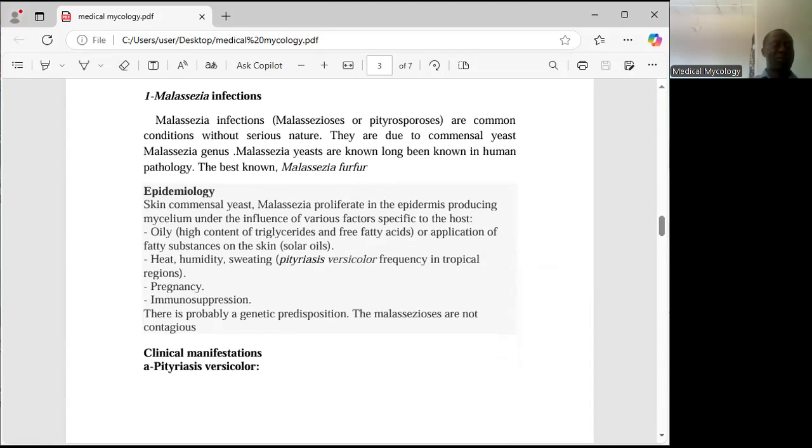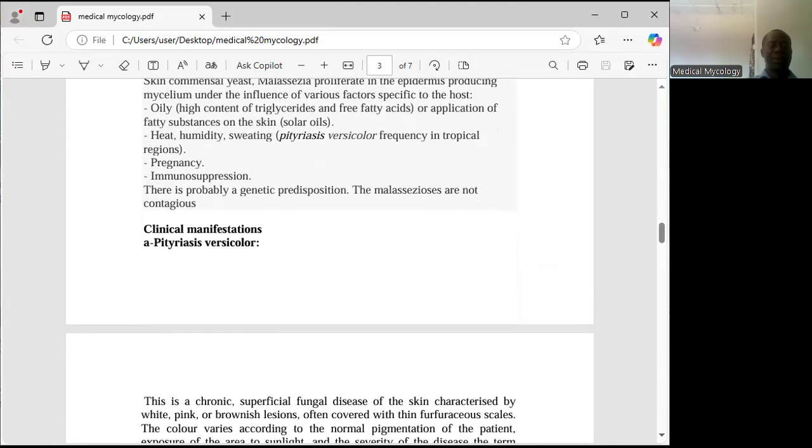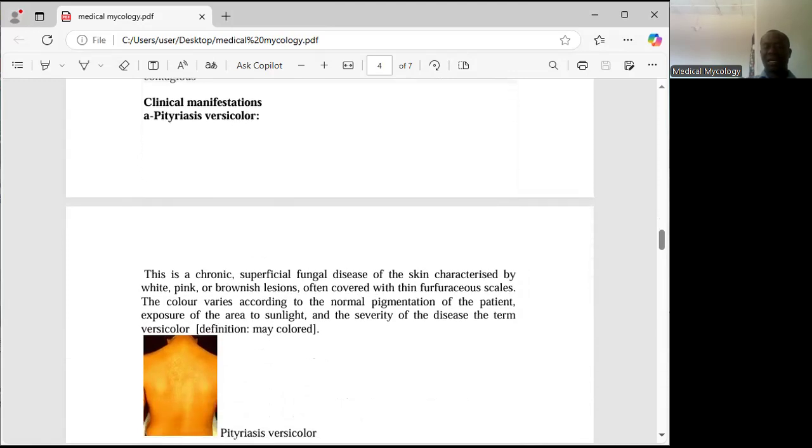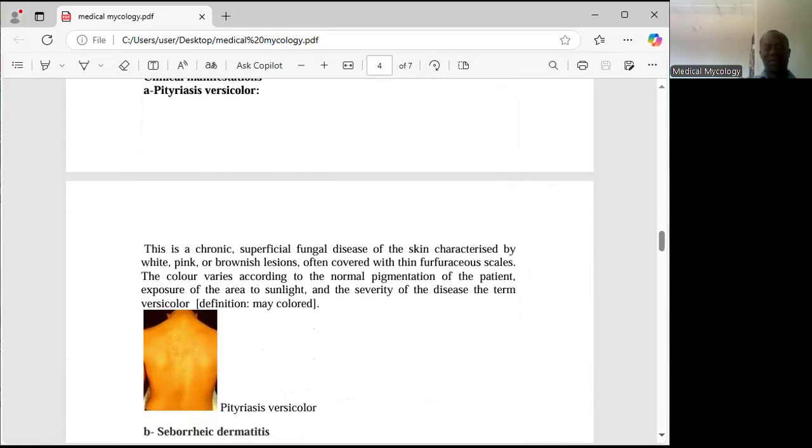Now, the clinical manifestation is what we call pityriasis versicolor. This is a chronic superficial fungal disease of the skin. It is characterized by white, pink, or brownish lesions, often covered with a thin furfuraceous scale.